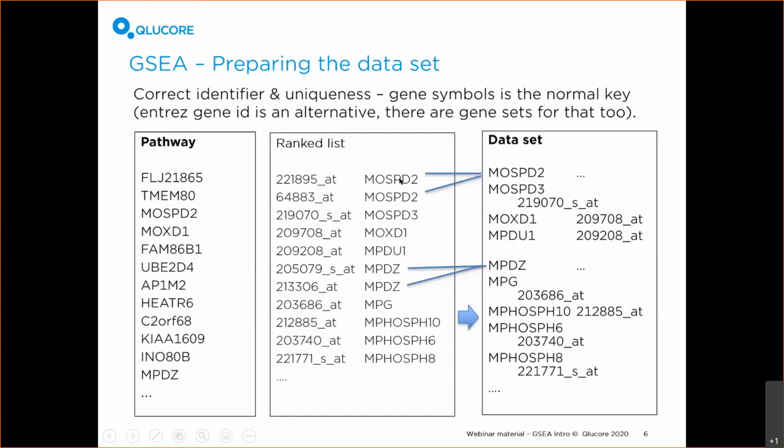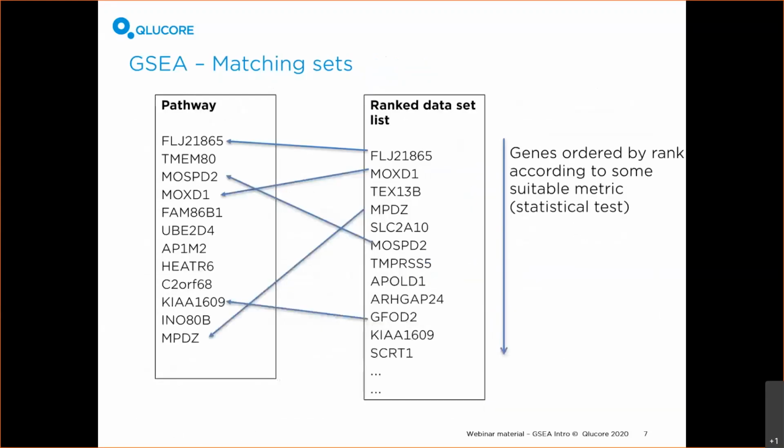Here you can see that for this gene, MOSPD2, there are 2 values. So I need to create an average so that I only have 1 value. So that's very important. So the correct identifier, and it needs to be unique. I will show you how we do that in Qlucore when I do the demo.